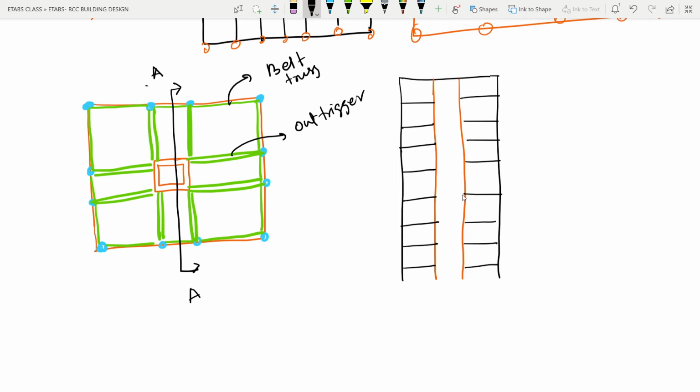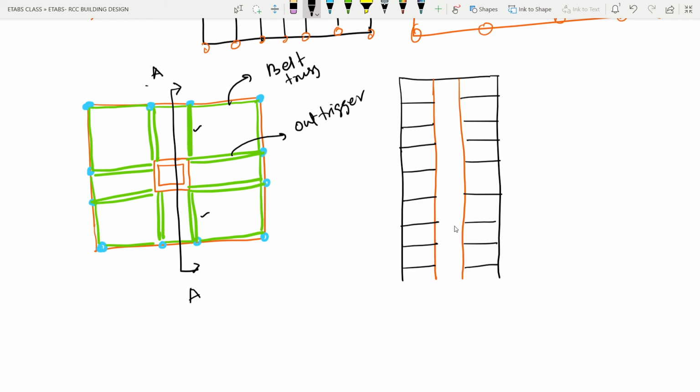And now here we will see the outriggers also. We cannot provide the outriggers at every floor, obviously, otherwise the building will be of no use. So we need to give these outriggers at an interval. In which floors can we provide them?